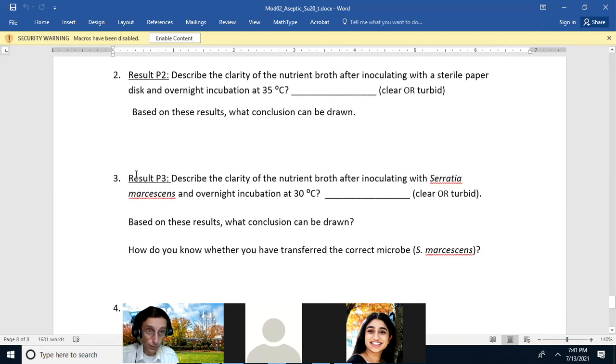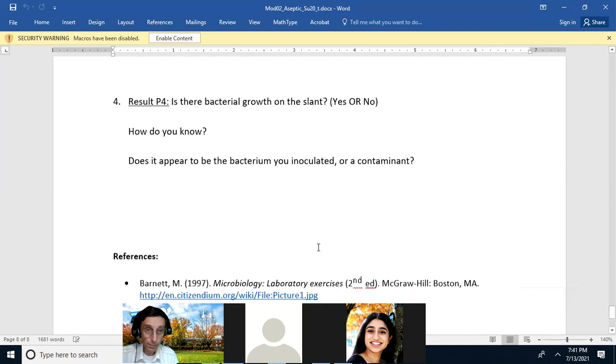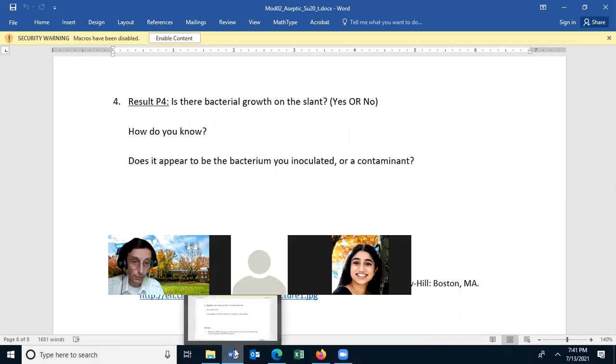Answer question 2, which is for procedure 2. Answer question 3 for procedure 3. And then answer question 4 for procedure 4. And then write in your answer on the worksheet and submit your worksheet.